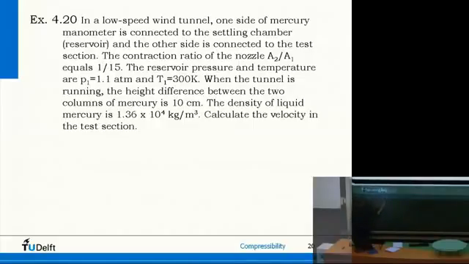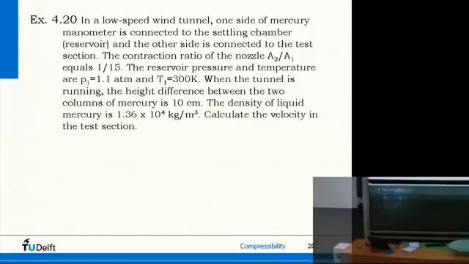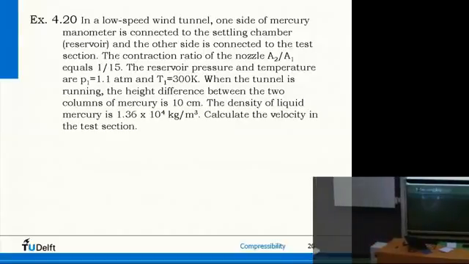A manometer is a U-like tube. We connect the sides through tubes to certain locations in the wind tunnel. One is the settling chamber and the other side is the test section.